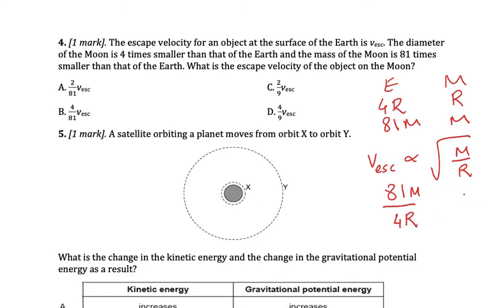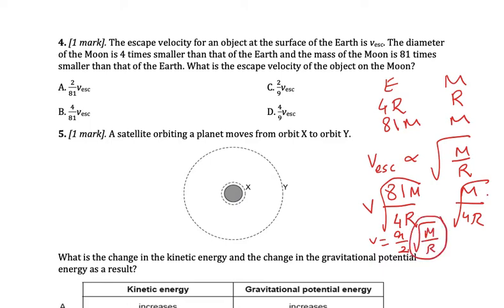For the moon, that would be m over 4r, but these are in square root. So if this is v, how many v would that be? Well, simplify 81 over 4 as 9 over 2 outside the radical. That would be 9 over 2 times square root m over r. Sorry, there shouldn't be a 4 here. That's my mistake, my bad.